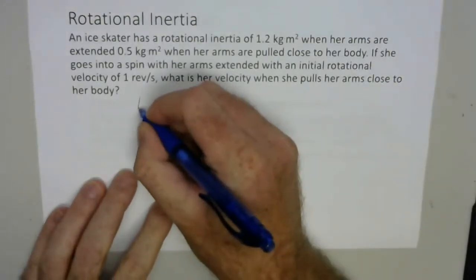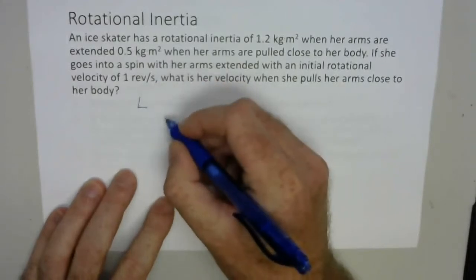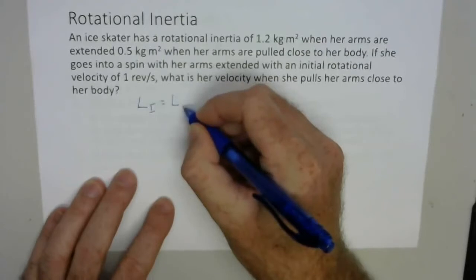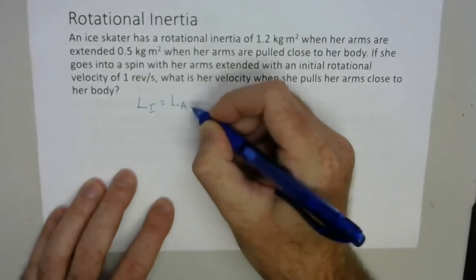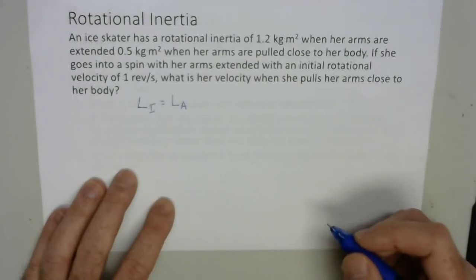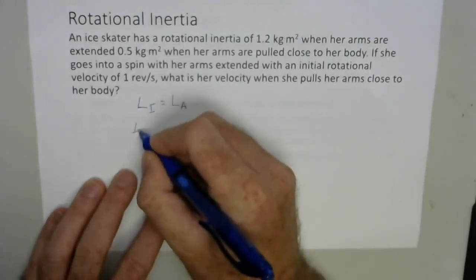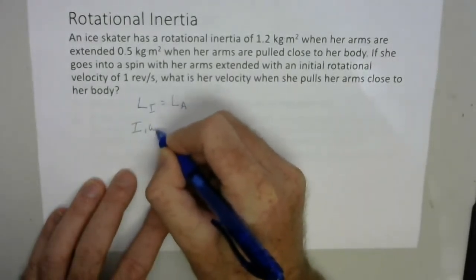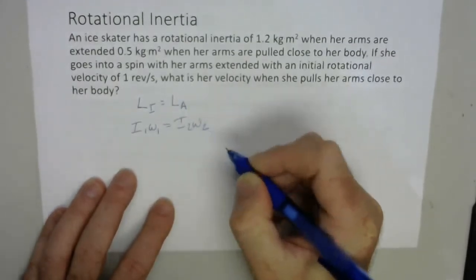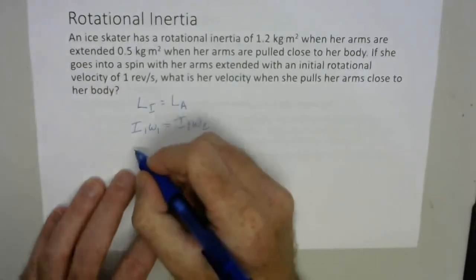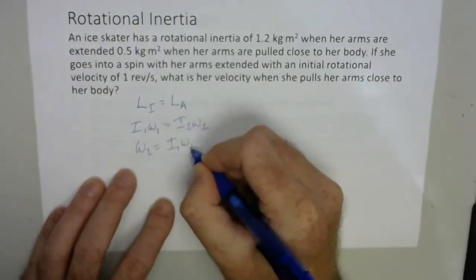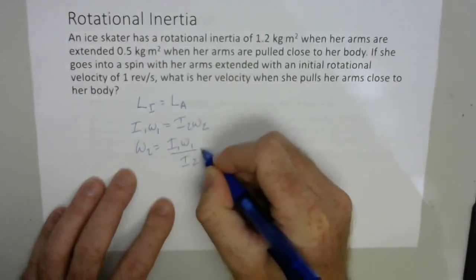So remember that the rotational momentum initial is going to equal the rotational momentum after, or final, because momentum is conserved. So we're going to plug in and say, well, I1 velocity 1 equals inertia 2 rotational velocity 2. Well, we want that second velocity, so velocity 2 is equal to inertia 1, velocity 1 divided by inertia 2.